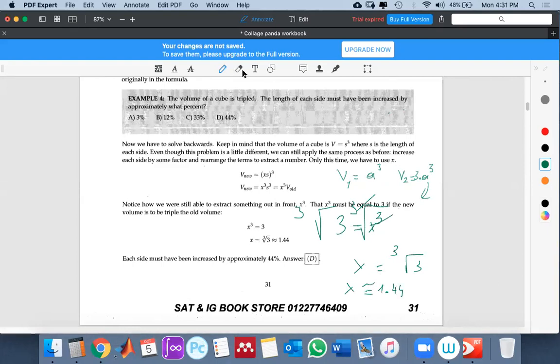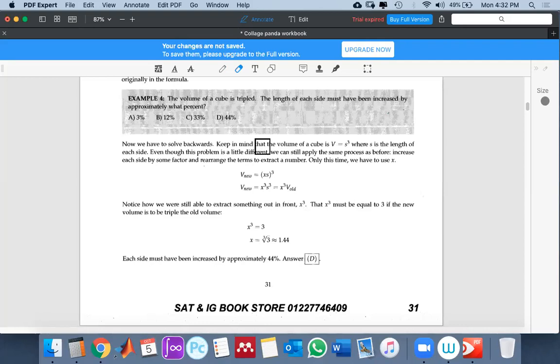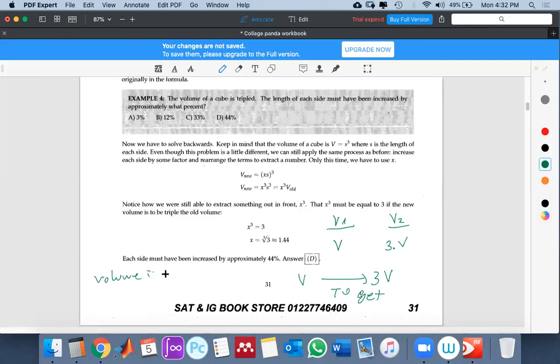Okay, one more time, let me explain. I got the point, guys. It's okay. Now, first case, first volume is, let's say, V. Second volume is, let's say, 3 times V. To get from V to 3V, the volume changes only by a times a times a. The length must be multiplied by itself. So I have to change the length, change a.